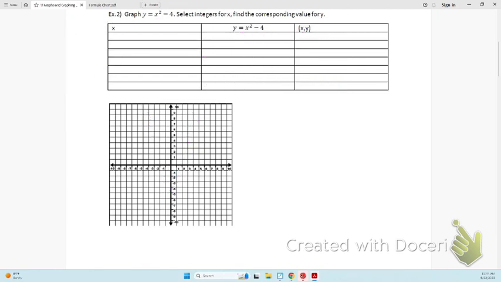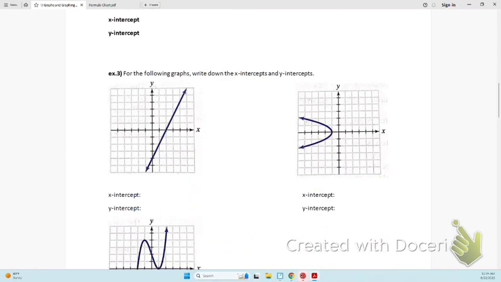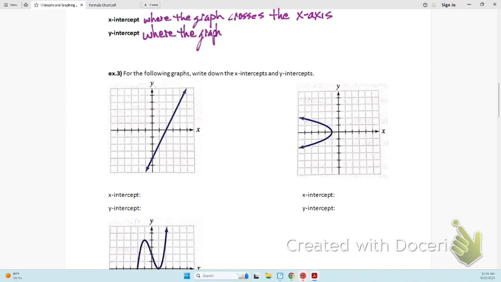We moved to the back and we talked about x and y intercepts. So an x-intercept is where the graph crosses the x-axis, and a y-intercept is where the graph crosses the y-axis.